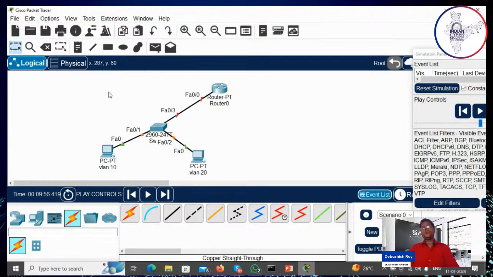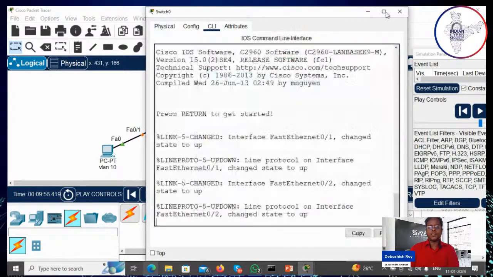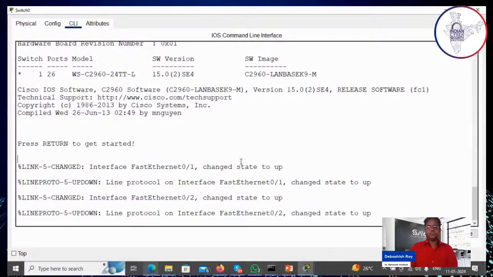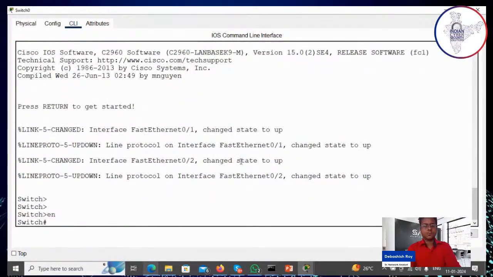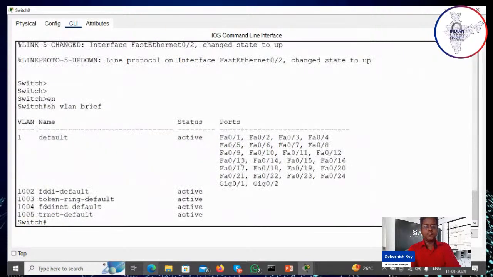First, you have to create the VLAN database on the switch, because we do not have any VLAN configured on the switch. Just click on the switch, go to CLI, enable, and if I give show VLAN brief, you can see that there are no VLANs, but only VLAN 1, that is the native VLAN.